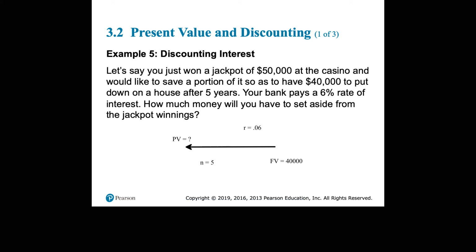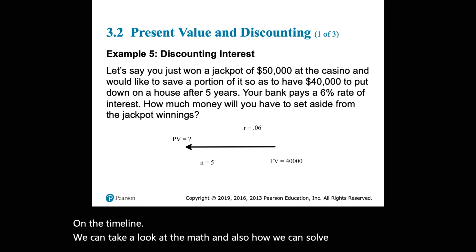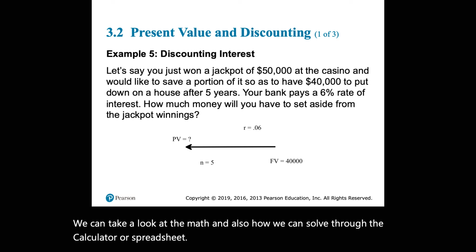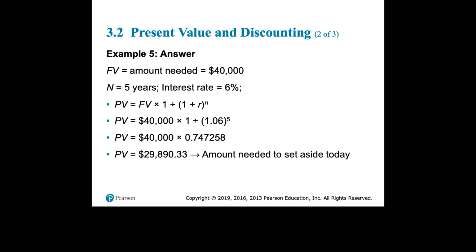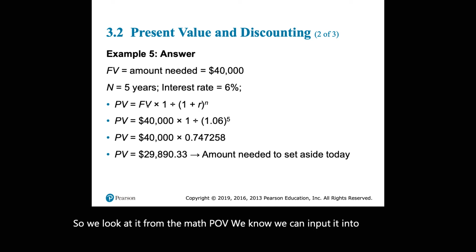So now that we've drawn the timeline, we can take a look at the math and also how we can solve through the calculator or spreadsheet. So if we look at it from the math point of view, we can input it into our formula. Okay, so that future value was the $40,000.